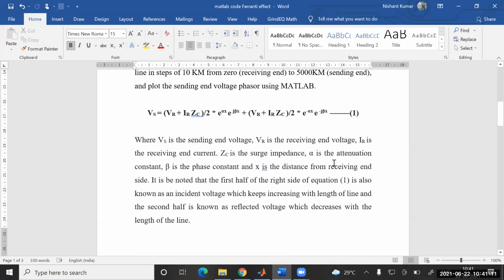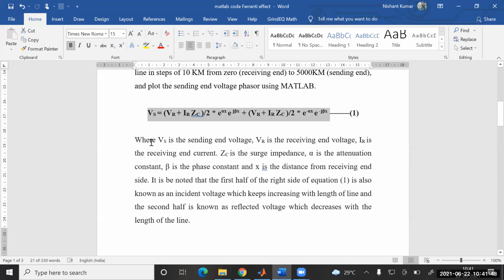Now we'll use this data for writing a code, and we'll observe this phenomenon happen. We'll draw and write and see all the segments, whatever is happening and whatever we have to do. Now this equation will be used in the coding segment.